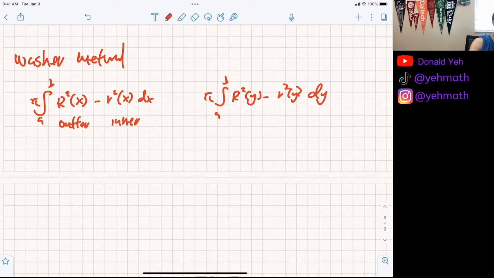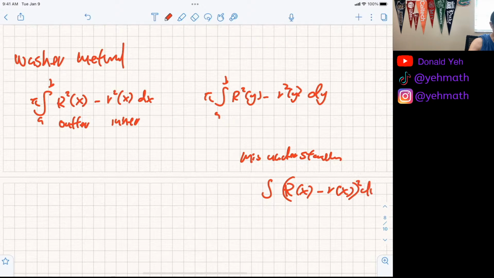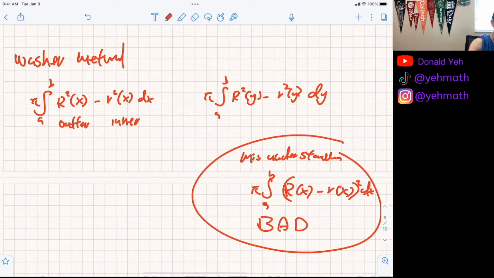The problem is people usually make a mistake by misunderstanding, and you don't want to write it as r of x minus r of x, all squared. That is wrong. This is a bad misunderstanding, so please don't do it that way.